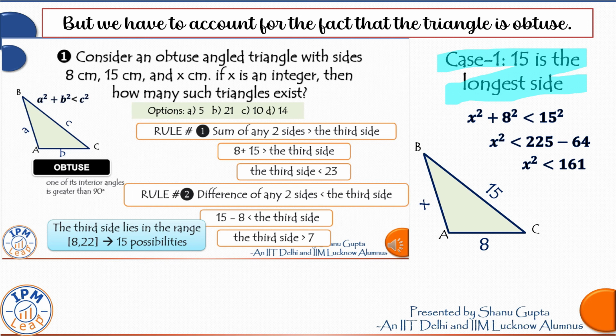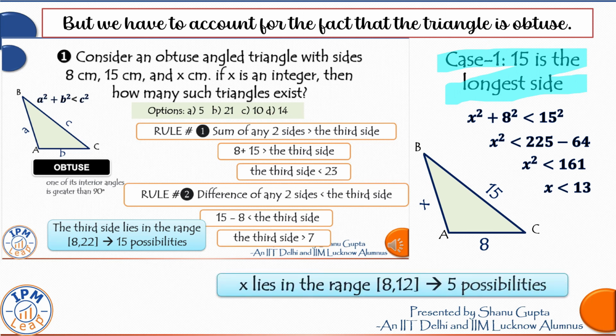Nearest squares are 169 and 144. So 169 is the square of 13. Therefore, x should be less than 13 for sure. Within this overall range, we are down to 5 possibilities, as case 1 tells us that x can lie only in the range 8 to 12. The count of numbers in this range is 5: 8, 9, 10, 11 and 12.